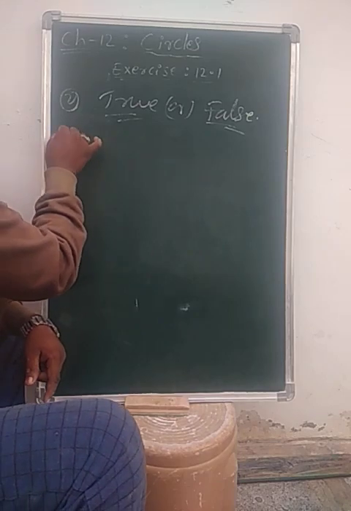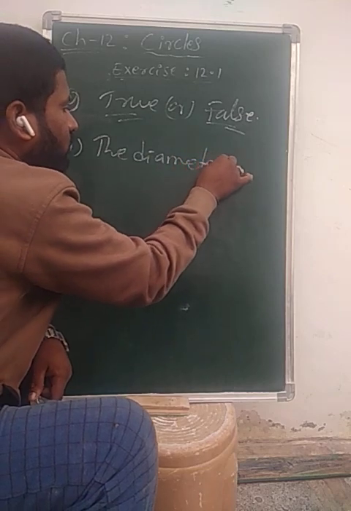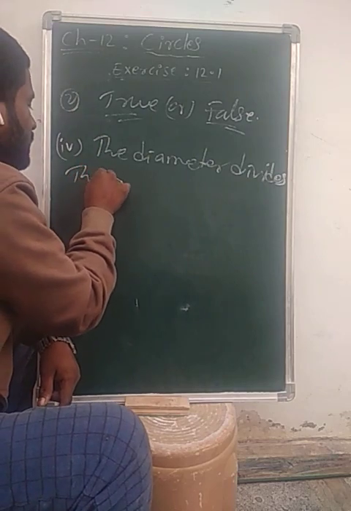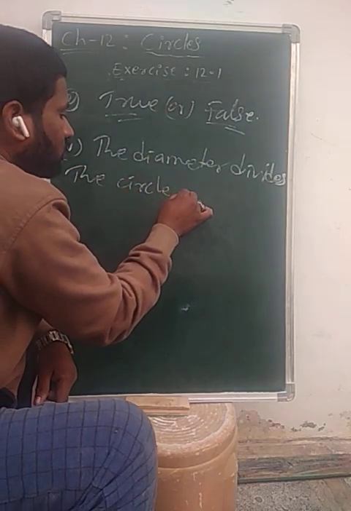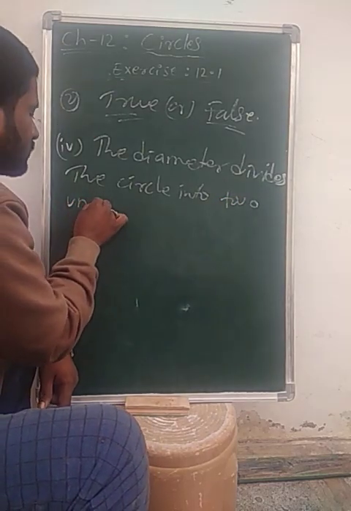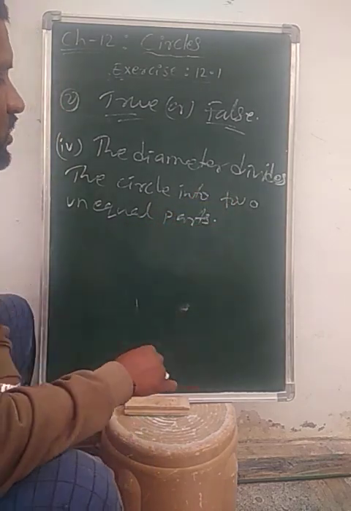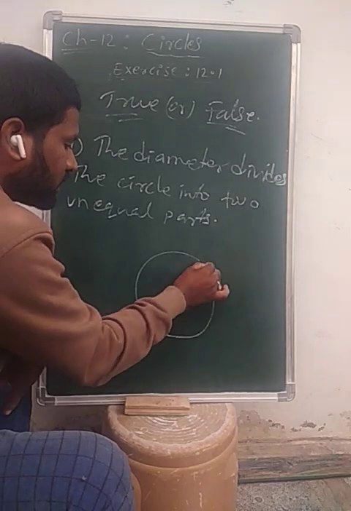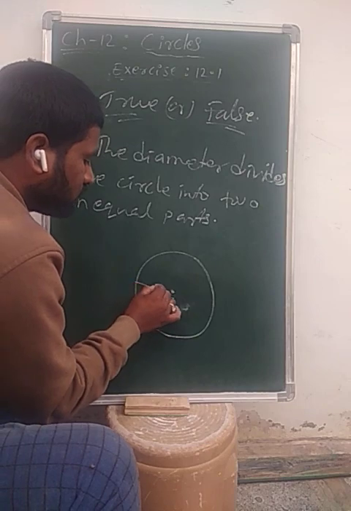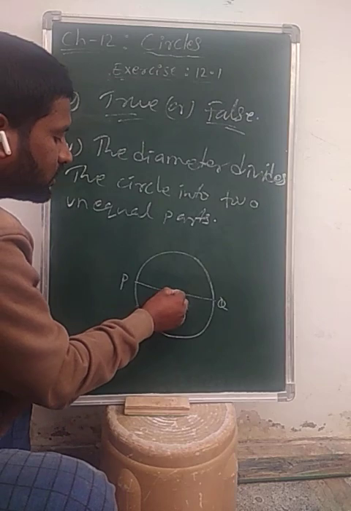Take a circle with center O. A chord which passes through the center of the circle is a diameter.